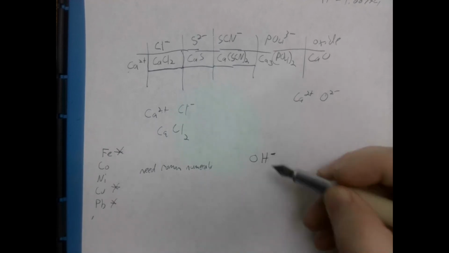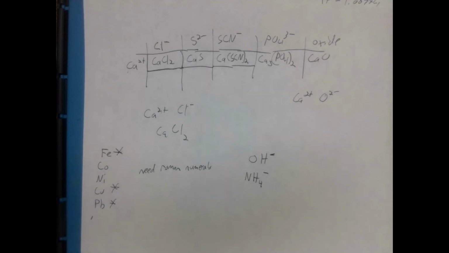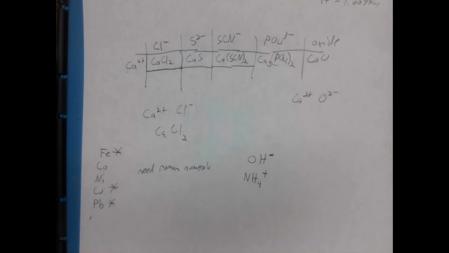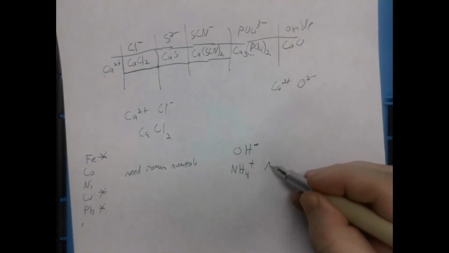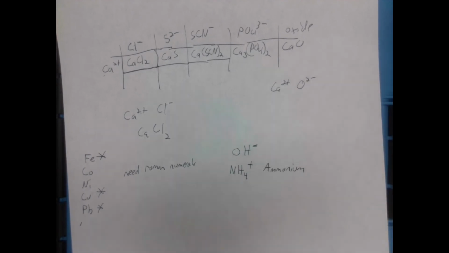OH has a negative charge. Ammonium is NH4 positive. At the very back of the page, I do give the correct spelling of ammonium, but not the formula.